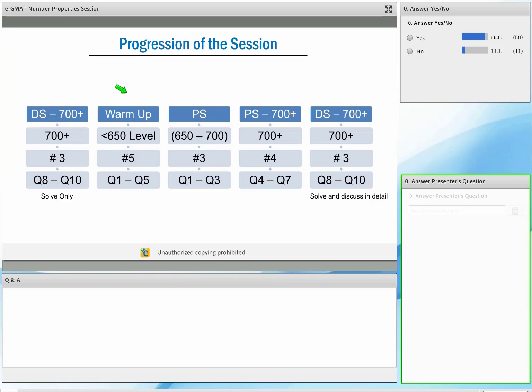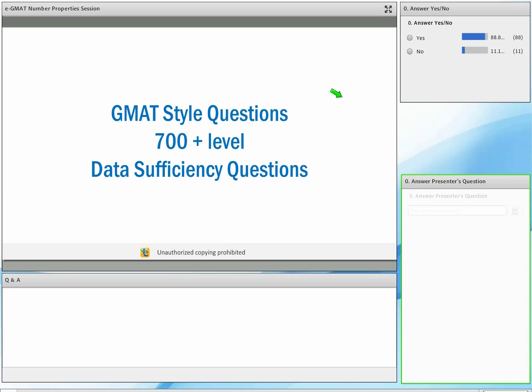And then as we build your conceptual knowledge through warm up, through these problem solving questions, and then as you answer more difficult questions and come back to these most difficult questions again, you will see a marked improvement in your ability to solve these questions. Okay, this is my hypothesis. I want you to tell me towards the end of the session whether my hypothesis is true or not. Okay, so let's get right into it.